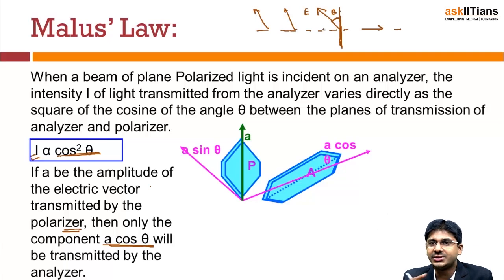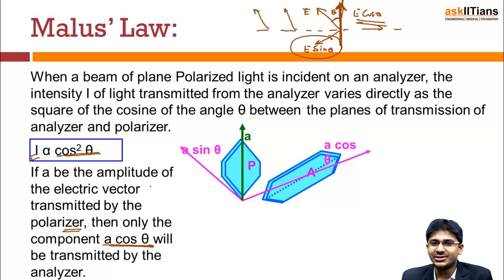Suppose this is making angle theta with the optic axis. If the field is E, what will be the component in this direction? It will be E cos theta. The component perpendicular to it is E sin theta. The property of the optic axis is that it will allow the component along this direction to pass through, and it will block the other one.